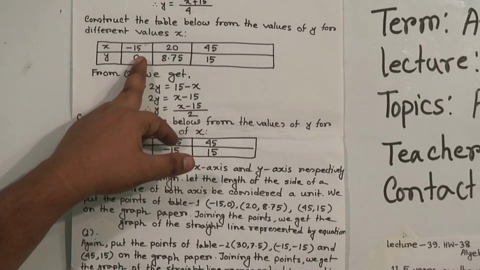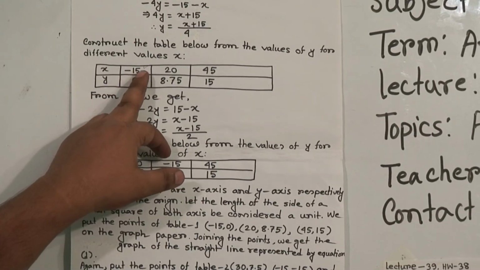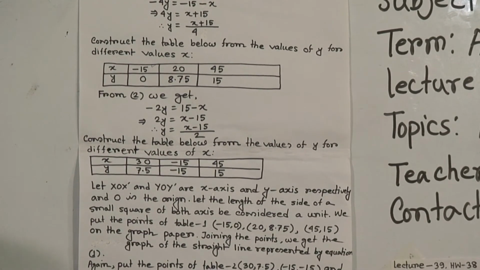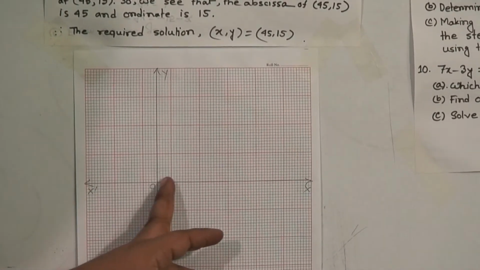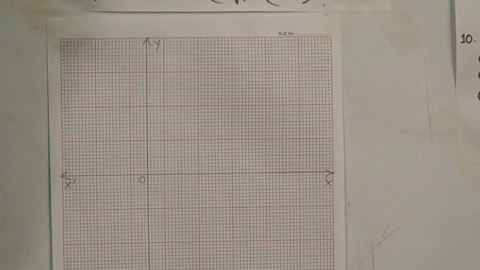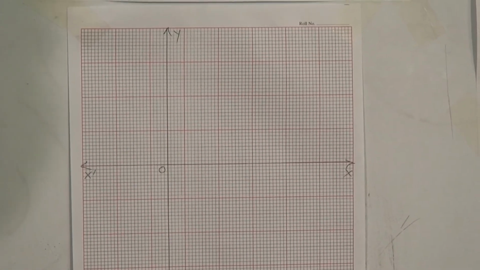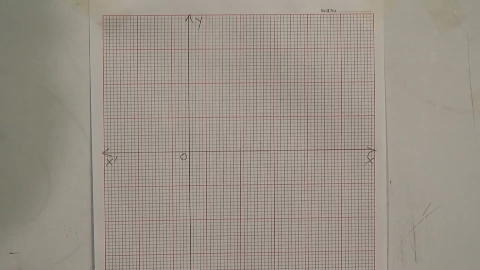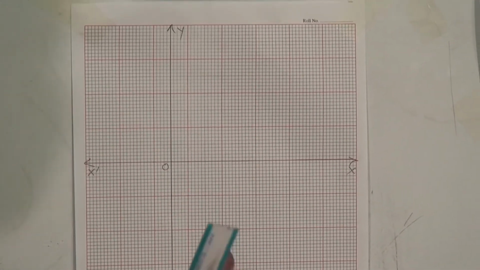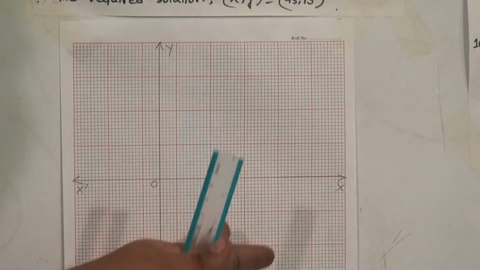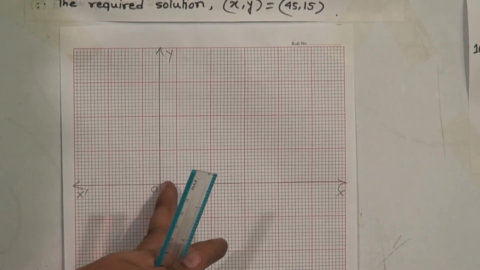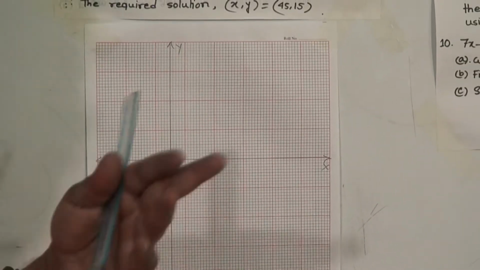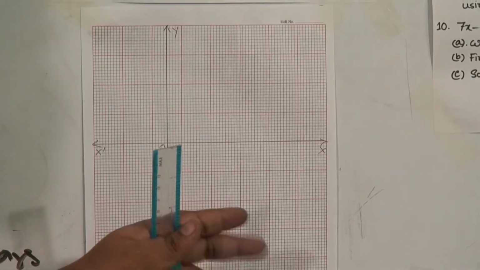Notice here the point is (-15, 0). Before starting to draw the graph, there are a lot of small squares. We consider every side of a small square as 1 unit, in the x-axis and also in the y-axis.